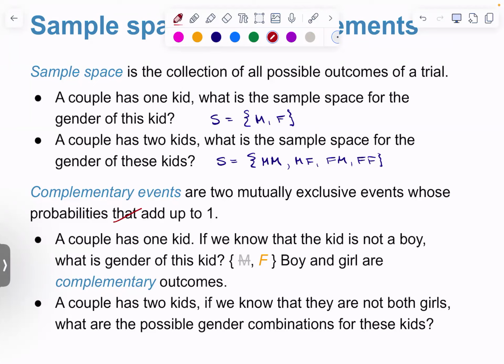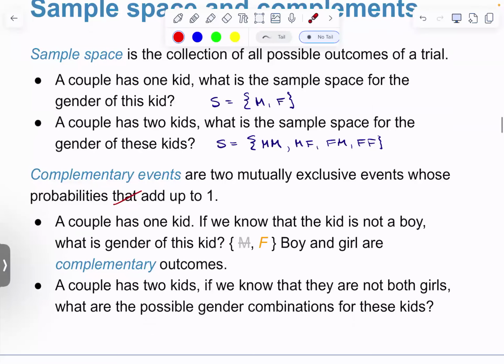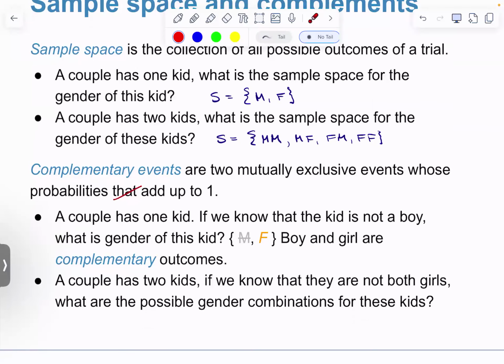A couple has 1 kid. If we know the kid is not a boy, then by the sample space, we can look and say, okay, well, it's not a male, therefore it must be a female. And so they're complementary outcomes because there are only 2 possible outcomes.